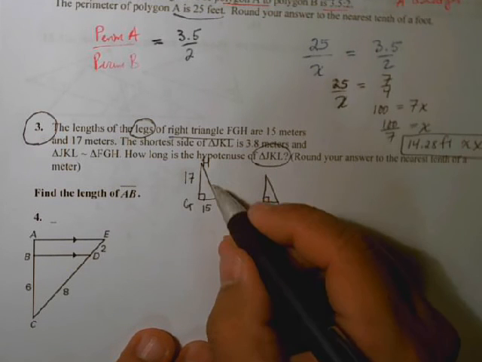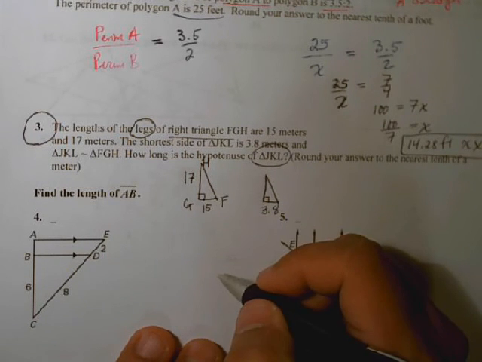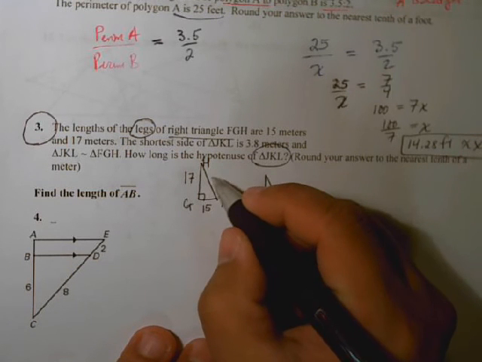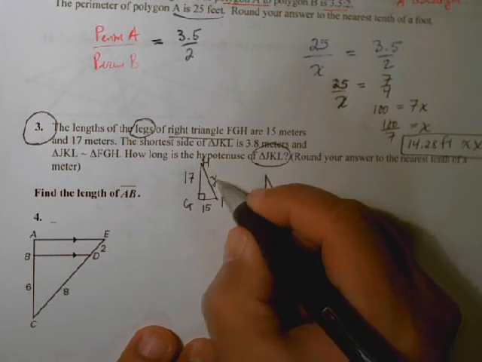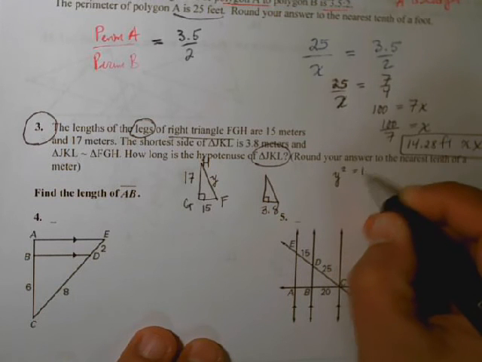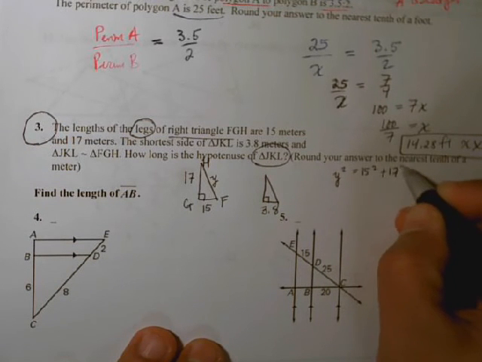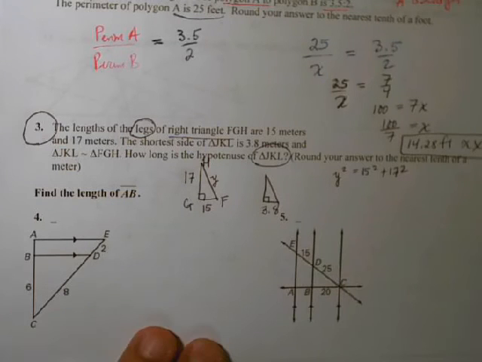So the first thing that I'm going to do is figure out the hypotenuse of GHF. So I'm going to figure out this length right here. I'm going to call that y. Okay. So I know that y squared is equal to 15 squared plus 17 squared.